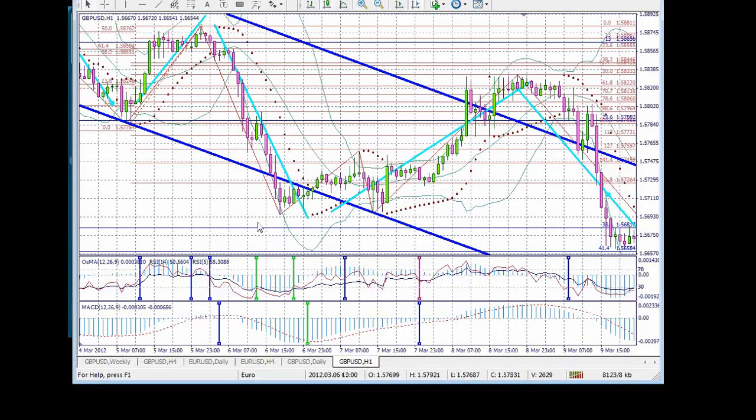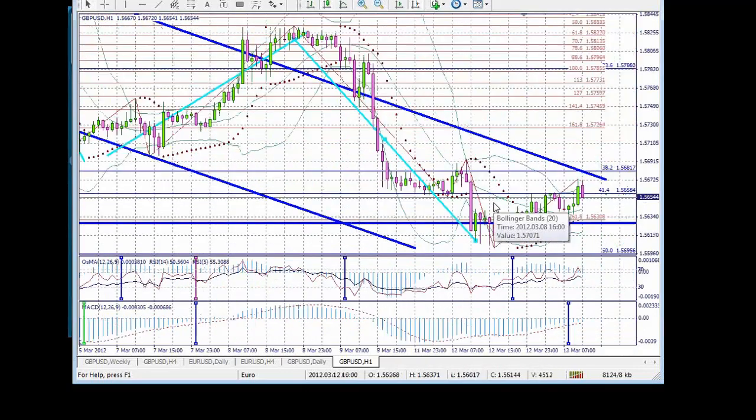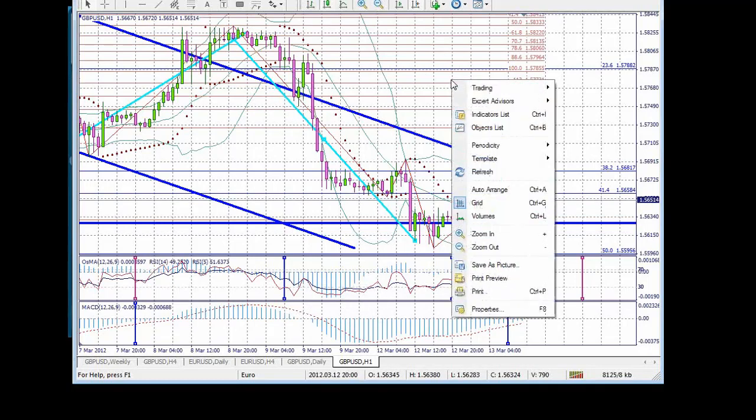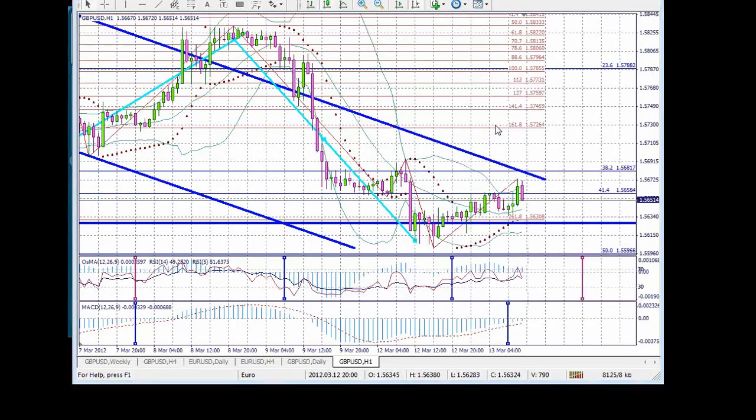Okay. So here we have the same things. We have a signal for sell here. I will clean all the Fibonacci because probably you want to know what is happening now.